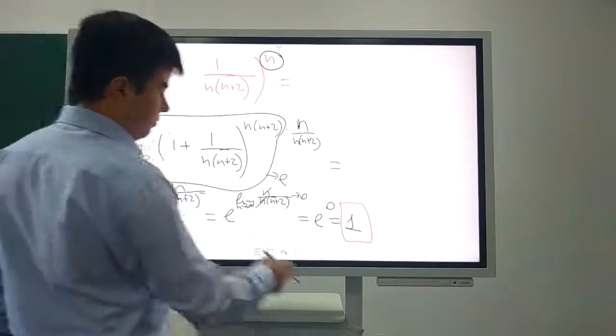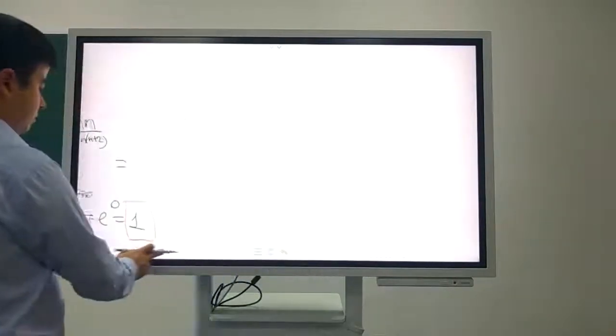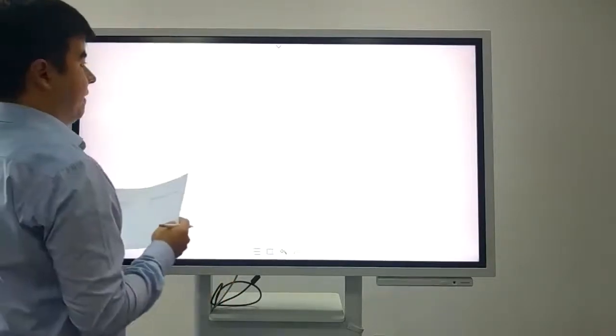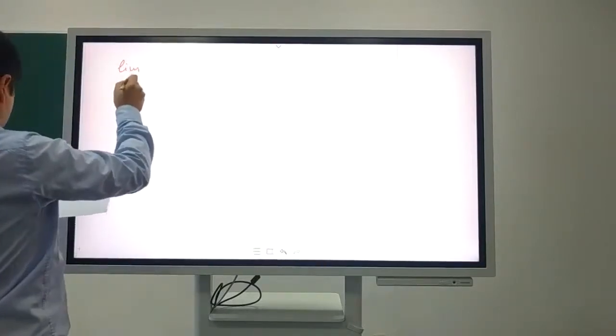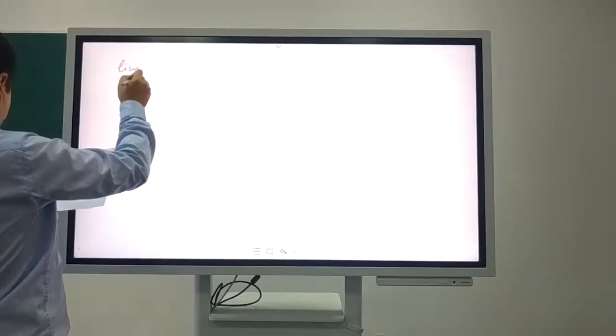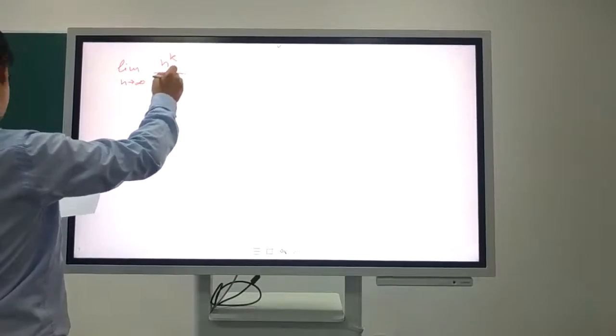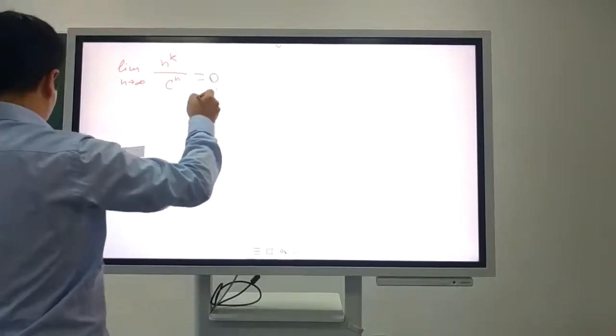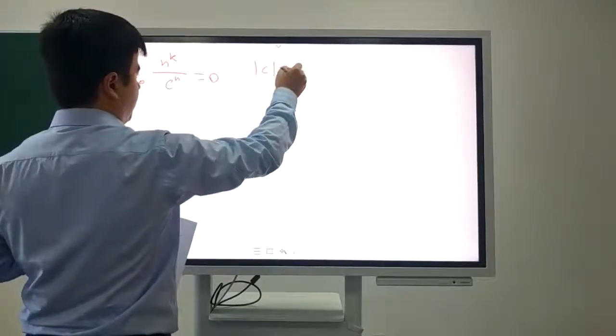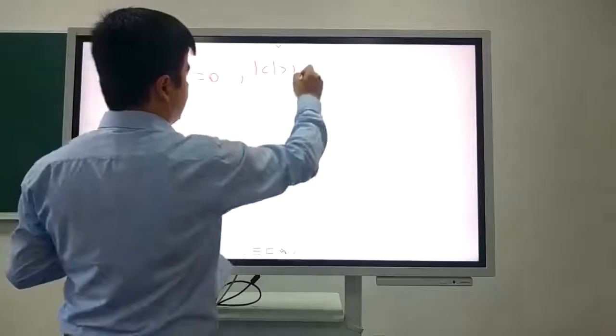Okay, now let's consider the next example. Now, we have some properties of the limit, or some kind of ready limits. The limit as n tends to infinity of n to the power of k over c to the power of n is equal to 0 when the absolute value of c is greater than 1 and k is a natural number.